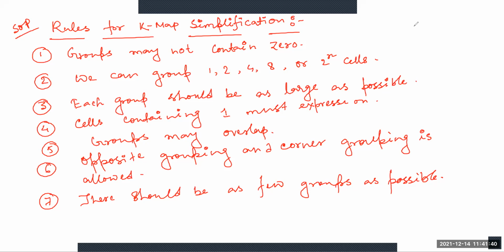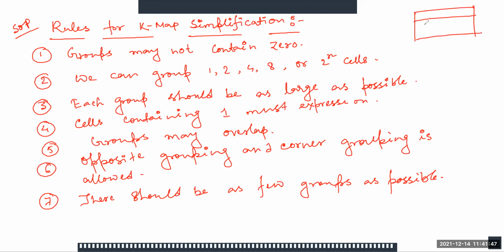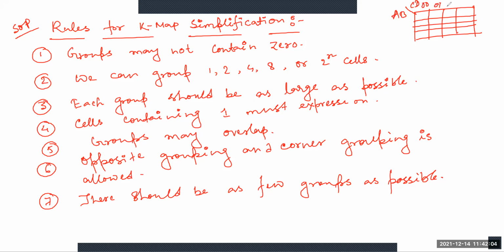Okay, suppose we have a 4-variable K-map. Suppose this is AB and this is CD, with 00, 01, 11, 10 along each axis.